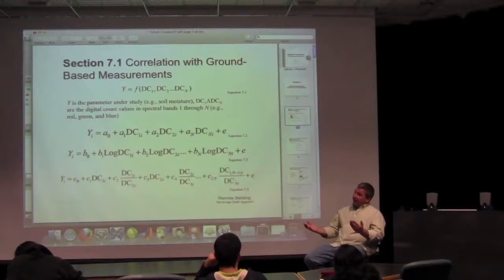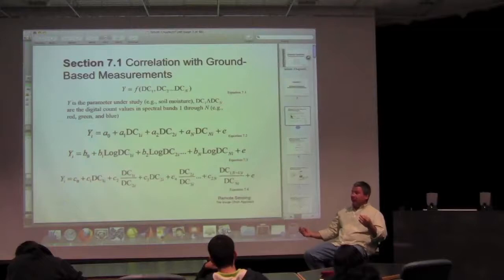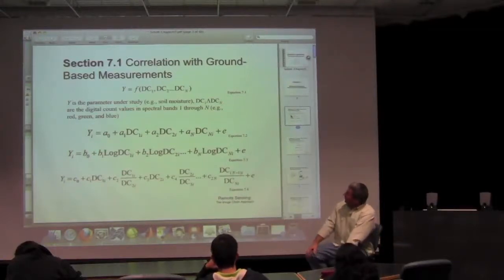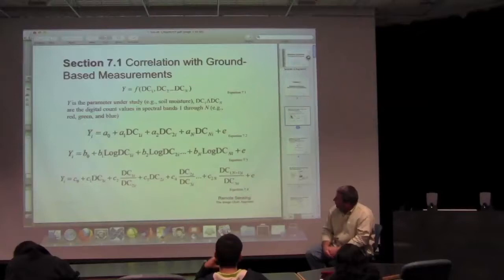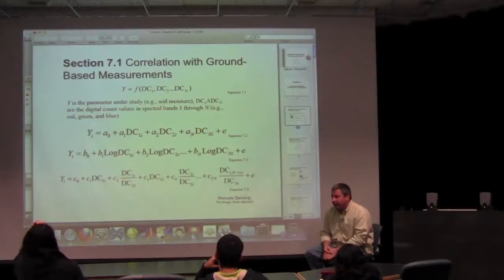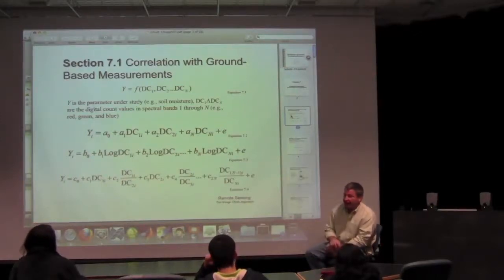The idea then is to relate that recorded value back to an observable object, something that you're interested in. If you look at the beginning of chapter 7 in the text, it goes through a bit of an exercise that I think is worth going through before we start to look at actual atmospheric calibration techniques that we'll do in a couple minutes here.